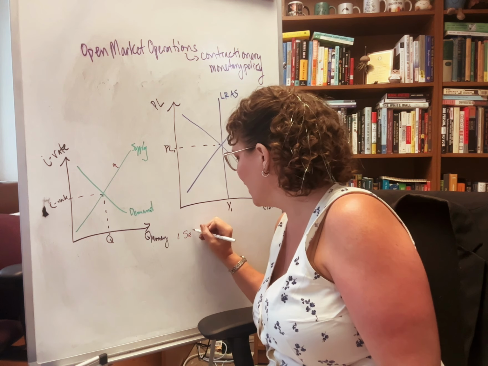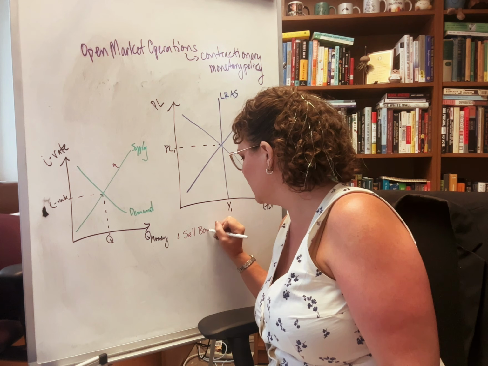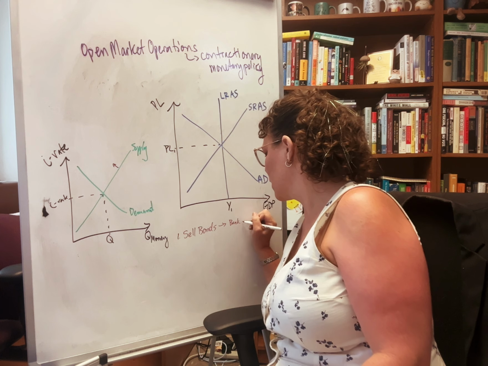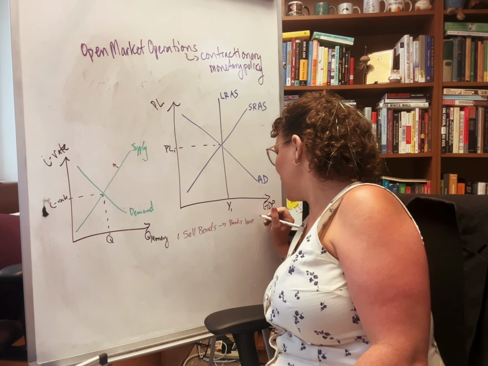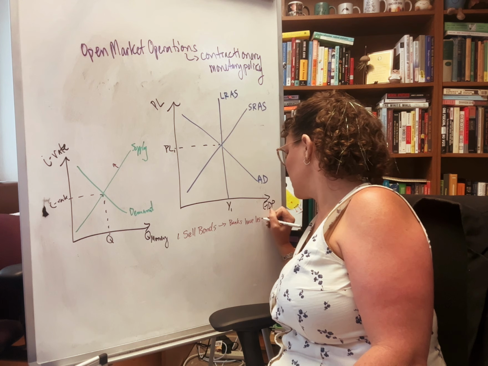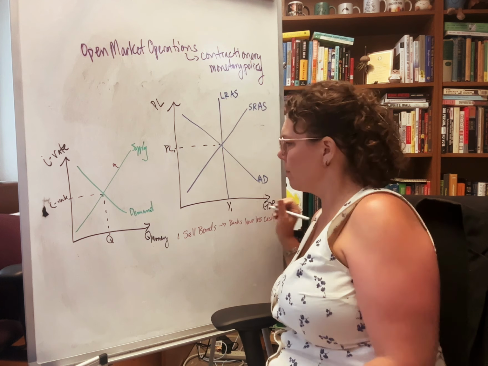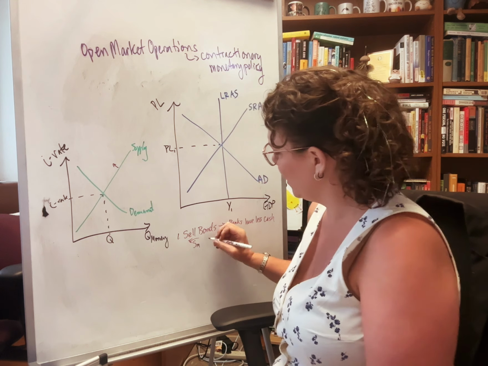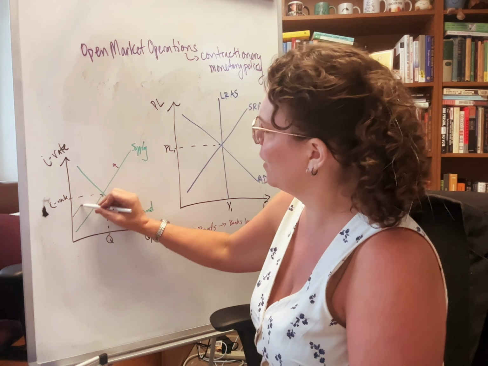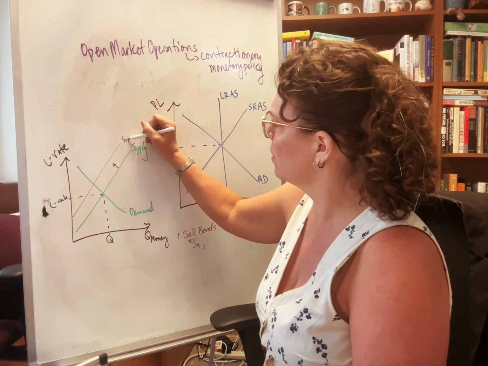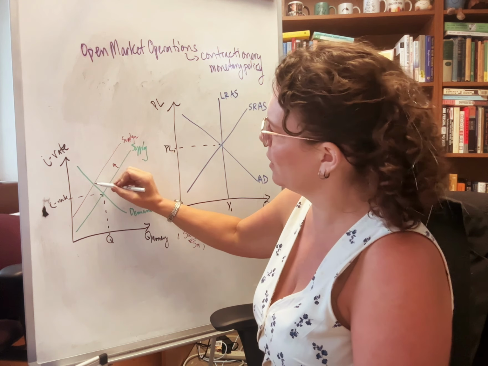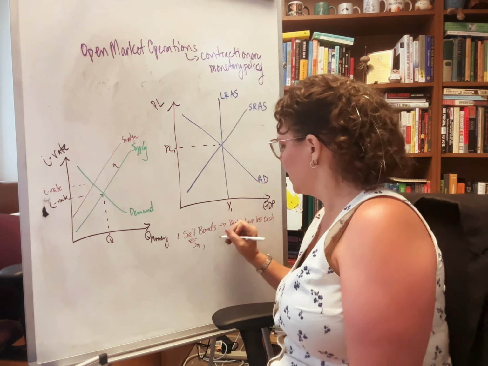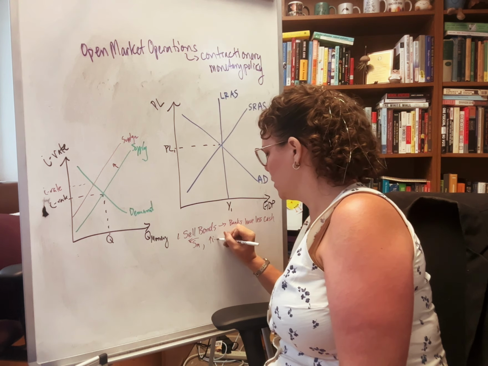If we sell bonds, then that's going to mean banks have fewer cash reserves. That's going to mean that the supply of money will shift in. And if we shift that curve in, we see that the equilibrium interest rate is going to go up. So that's going to increase interest rates.